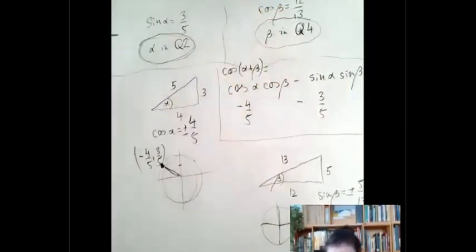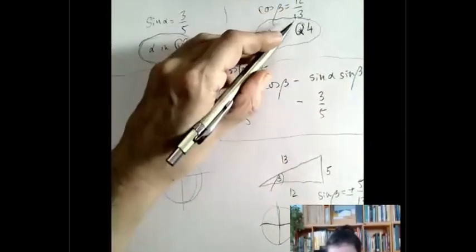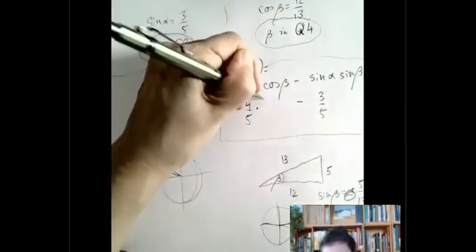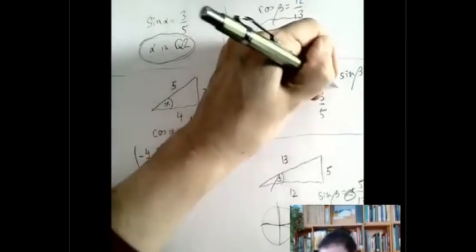In the fourth quadrant, cosine is positive. Well, it was given to be positive, but sine is negative. So sine beta is negative 5/13. So cosine beta was given to be 12/13, and sine beta, we found it to be negative 5/13.